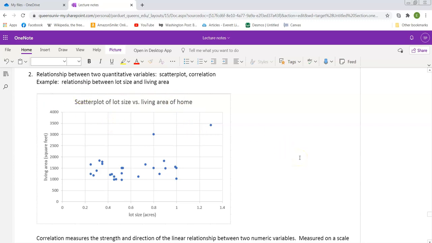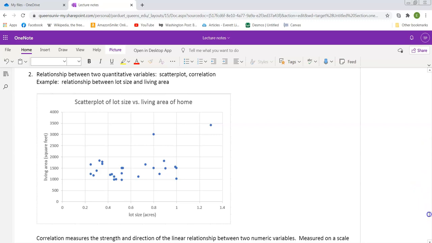So what are we trying to get from this? Well, we're just looking to see if there's a trend. Does it look like this data fits a straight line? Does it look like it fits something besides a straight line? If it fits a line of some sort, how tightly does it seem to fit that line?